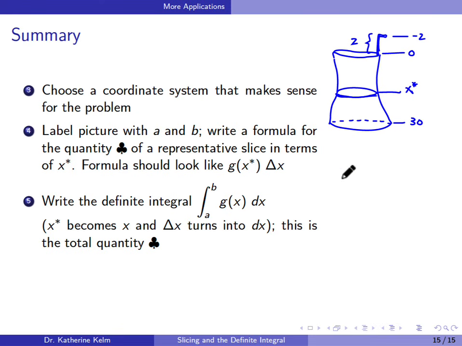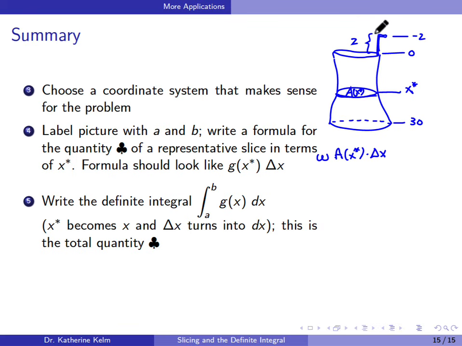Then we'll write a formula for the work done for this slice. The volume of the slice is the cross-sectional area, A of x star times delta x, and the weight of that slice is going to be the weight density times that volume.